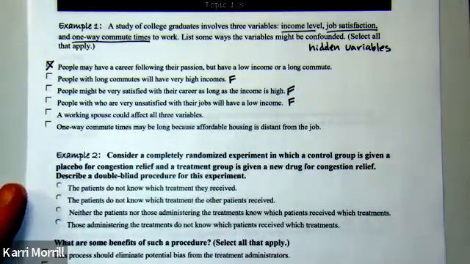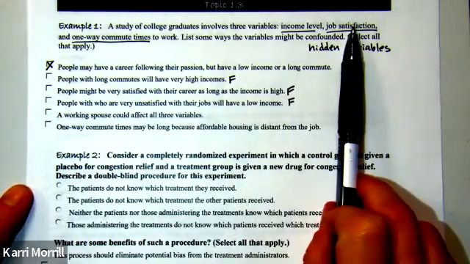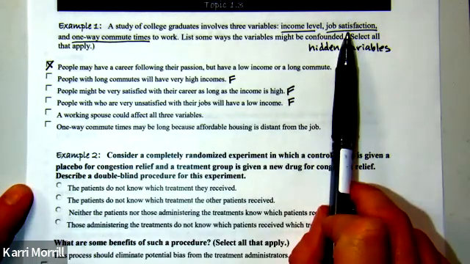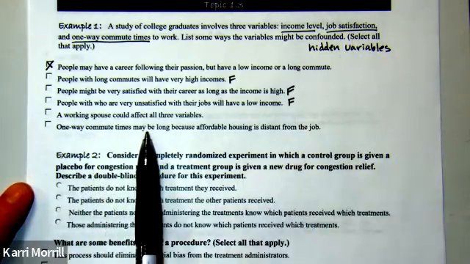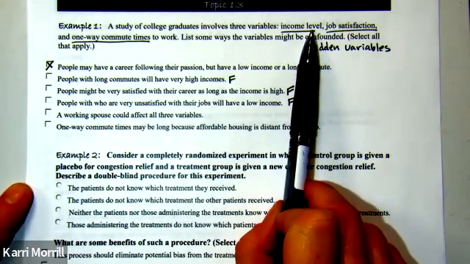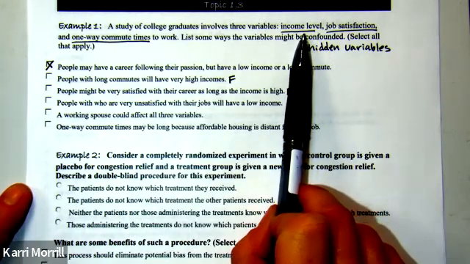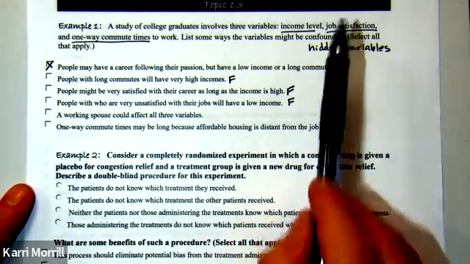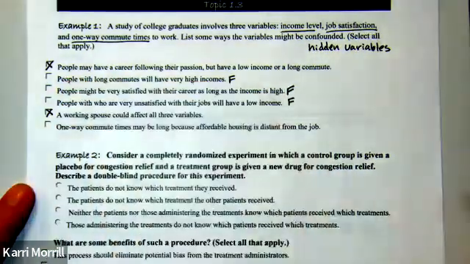I think income level and job satisfaction, you know, I think my spouse could encourage me or discourage me in my job sometimes. I don't really think my working spouse necessarily could affect my income directly, but maybe since he has a job, I would choose a lower paying job just to be happy with that job. So I do think a working spouse could affect all three variables in some way.